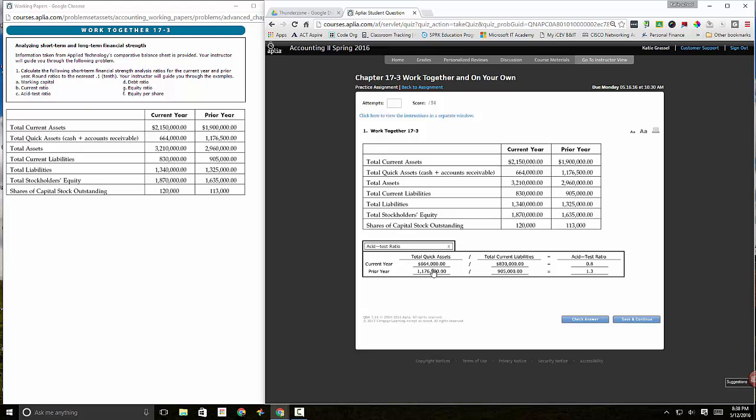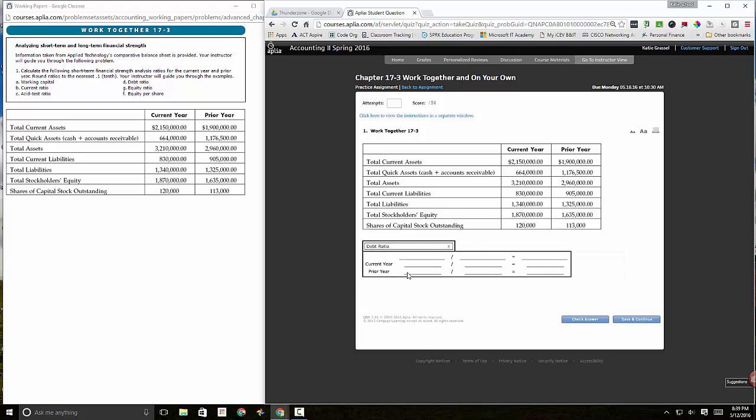So when we take a look at this, for every dollar needed to pay current liabilities for the current year, our Allied Technology only had 80 cents. The prior year, for every dollar needed to pay current liabilities, it had $1.30. So this is an unfavorable trend with the acid test ratio going down.